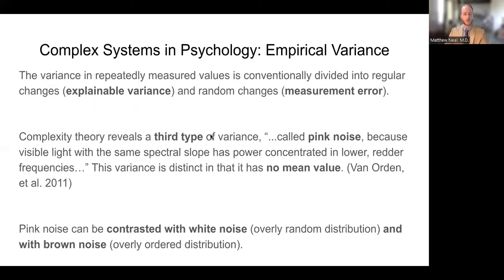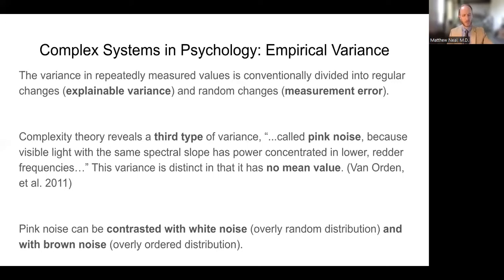The longer your data sets get, typically we expect a progressively more reliable mean value. But for systems that demonstrate pink noise, there is no mean value. It never settles down. The more data you collect, the more you get these rare but extreme values that push the mean further and further.